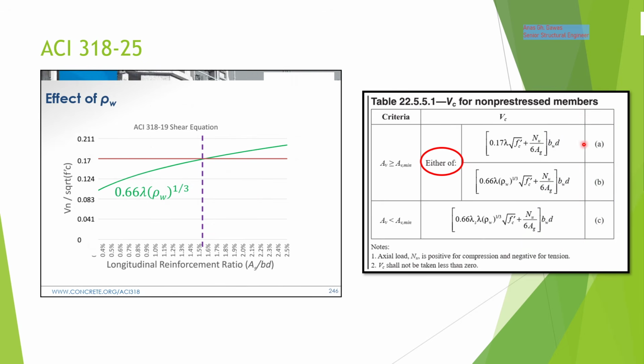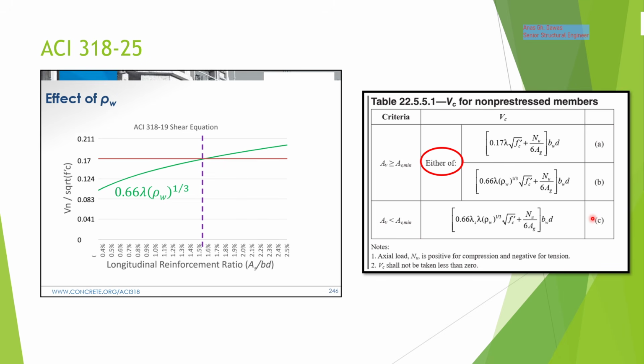Okay, so as per ACI 318-19, we have three equations. If I would like to use equation A or B, any of them, I have to provide minimum shear reinforcement. So if, for example, you would like to calculate the one-way shear capacity of a raft foundation, and you don't provide minimum shear reinforcement, you cannot use equation A or B. You have to go to equation C directly.